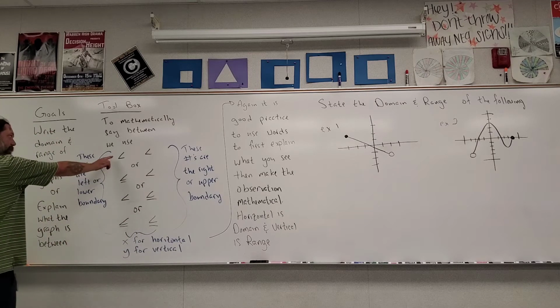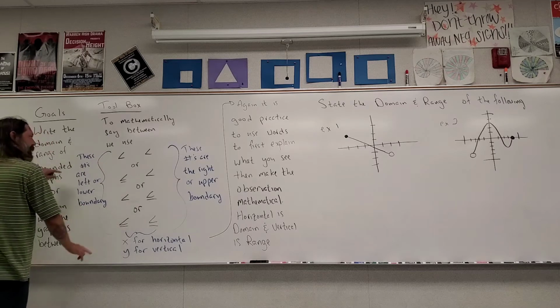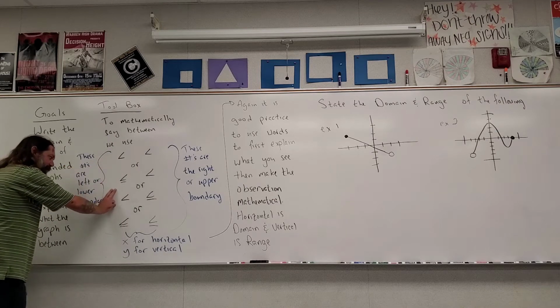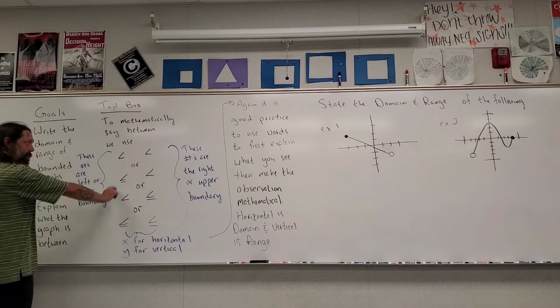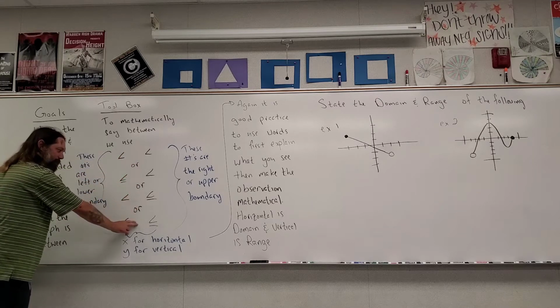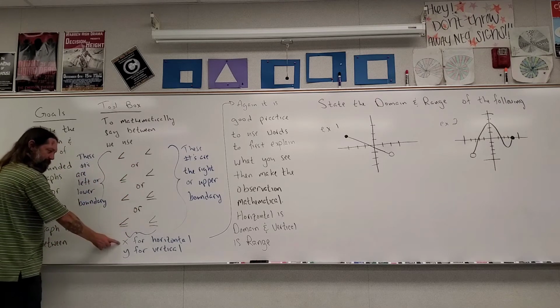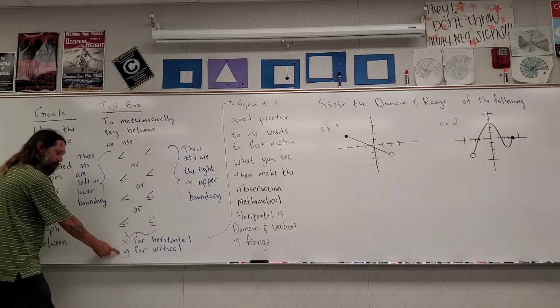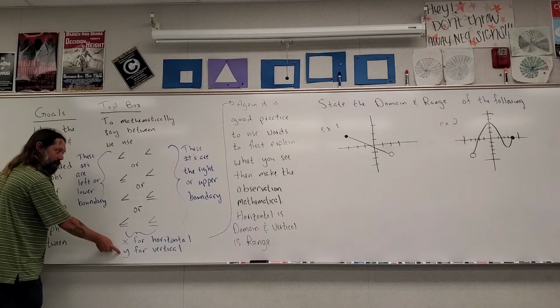Now on the far left side, these numbers are the left or lower bound numbers. So whatever my graph is on the left, or the lower part of the graph, I'm going to use these. What goes between my inequality symbols is either going to be an X if I'm describing what it's between horizontally, or a Y if I'm describing what it's between vertically.